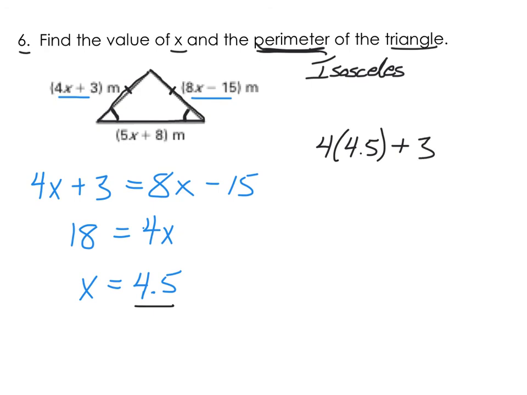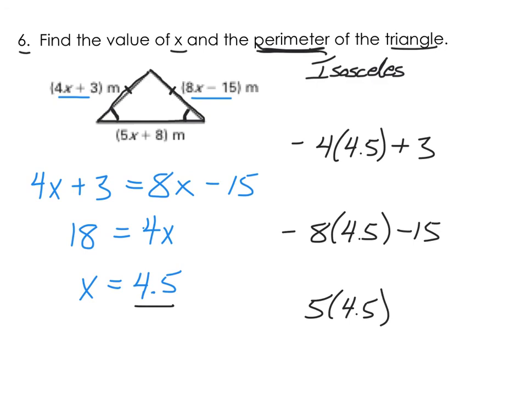So we have 4 times 4.5. I have 8 times 4.5 minus 15, which should be the same as the one above. These two should be the same. And then the last one I have is 5 times 4.5 plus 8. So it looks like my side lengths are going to be 21, because I'm going to have 18 plus 3.